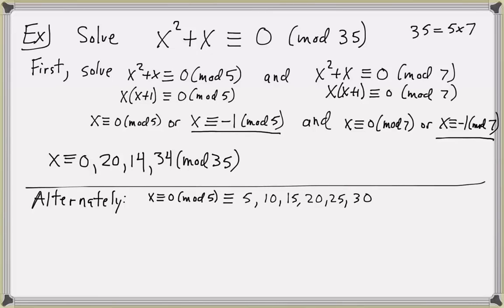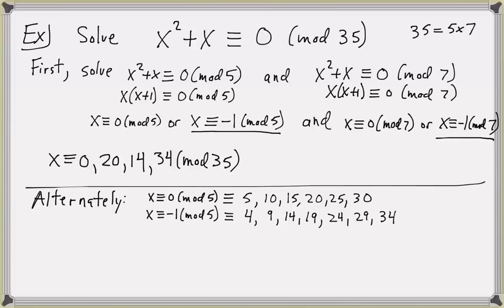Now I'm going to list out residues that are congruent to negative 1 mod 5. So we see that 4, 9, 14, 19, 24, 29, and 34 will be residues congruent to negative 1 mod 5.